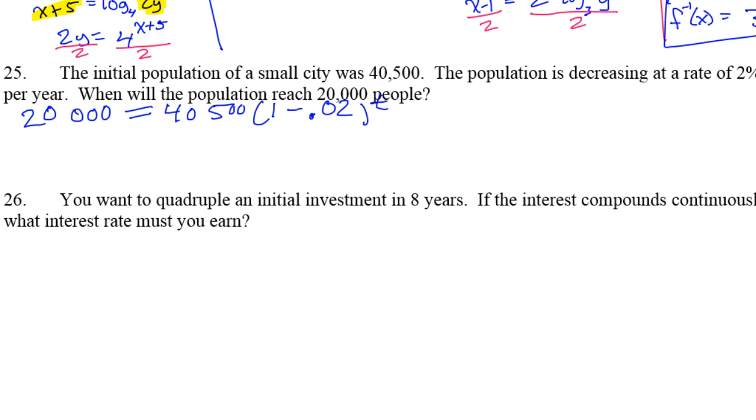Okay? Got to divide both sides by 40,500. What is that? 0.49 exactly? No. Give me a fraction. 40 over 81. If you put this in your calculator, it reduces to 40 over 81, so I'm going to use that.